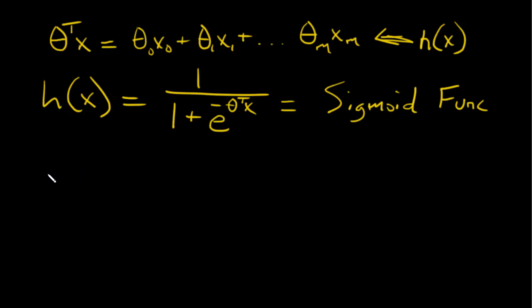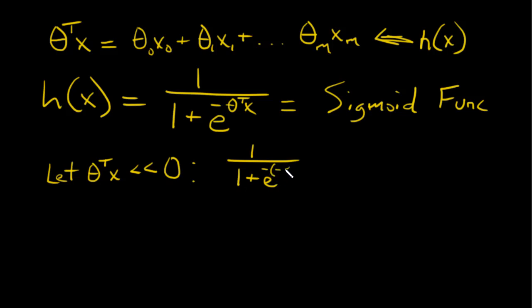So let's let our theta transpose x be much less than 0. Then I'm going to get 1 over 1 plus e to the, if it's much, much less than 0, I can think about plugging in something approaching negative infinity.